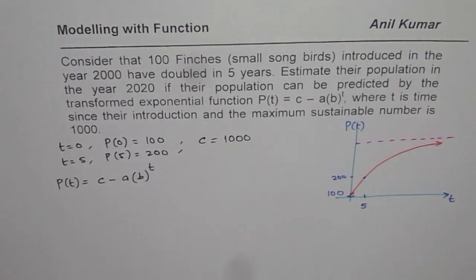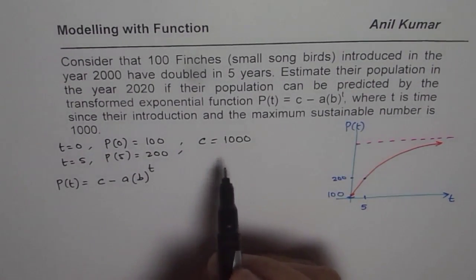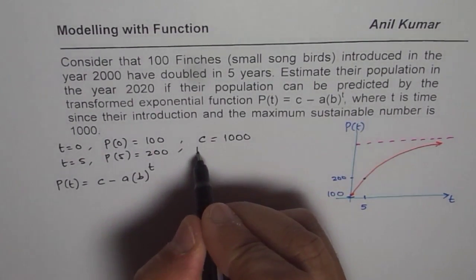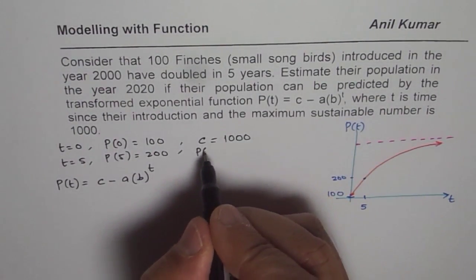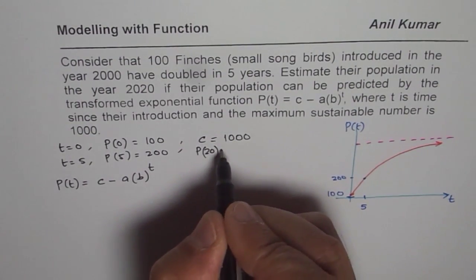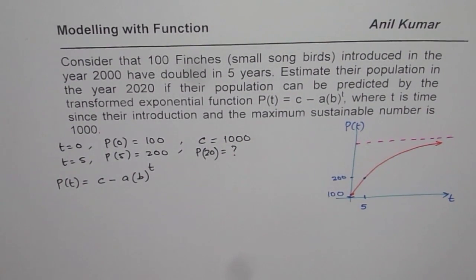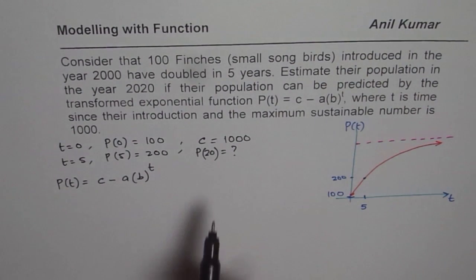That is the maximum number of birds which can be there. And we need to find the number of birds after 20 years. You can pause the video and answer the question at this stage.